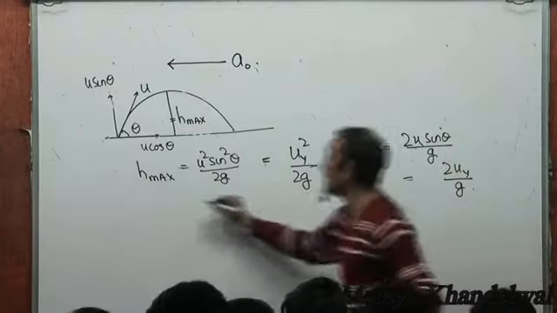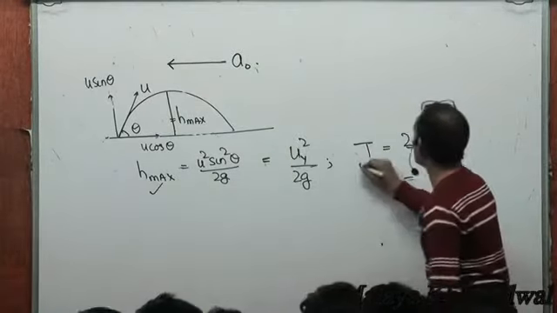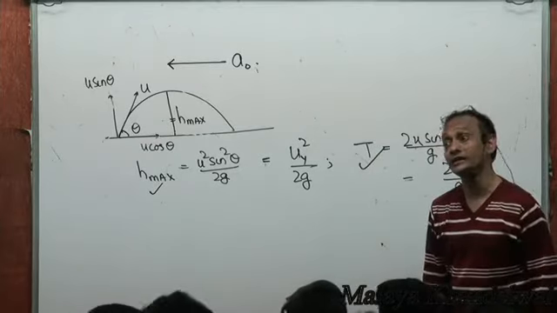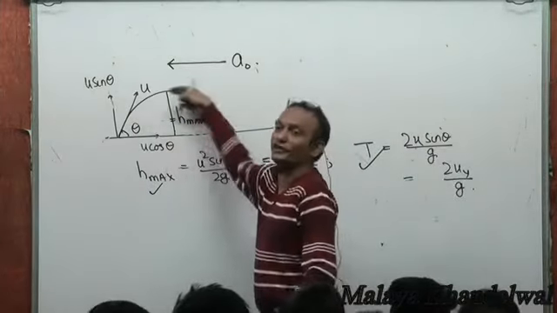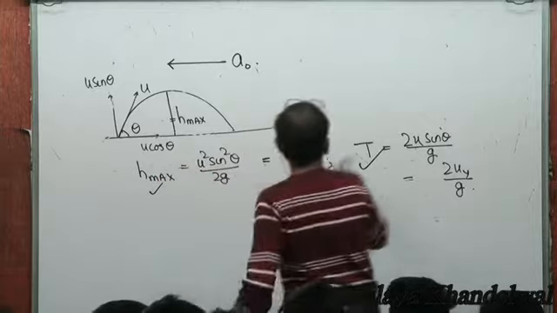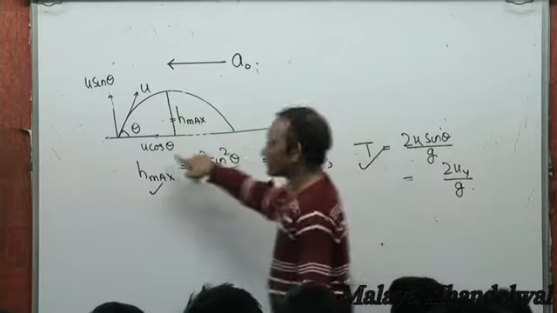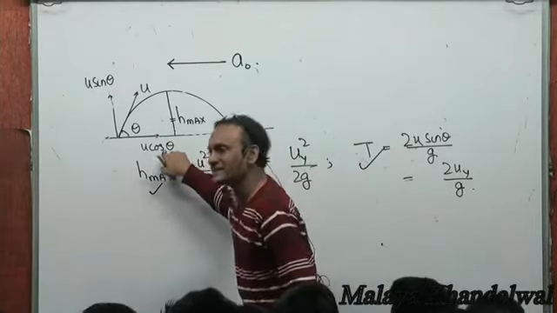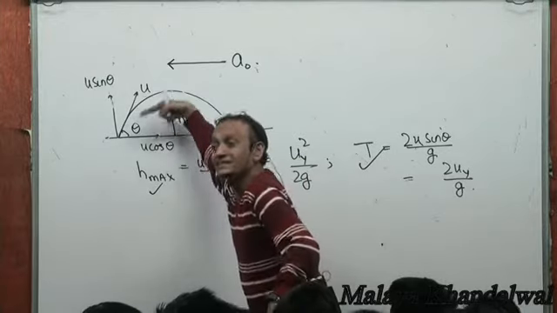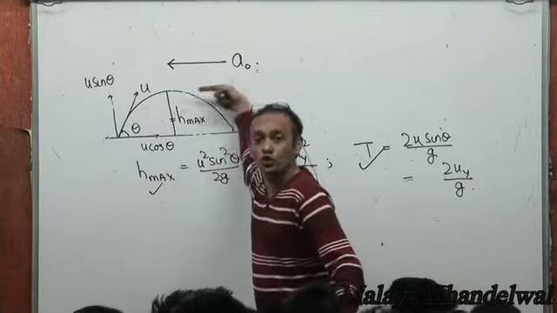That will not change. So h max will remain intact, the total time of flight will remain intact. However, the range of flight will change, because u cos theta into capital T will change. Why? Because u cos theta will not remain the same. U cos theta will change if there is an acceleration horizontally.